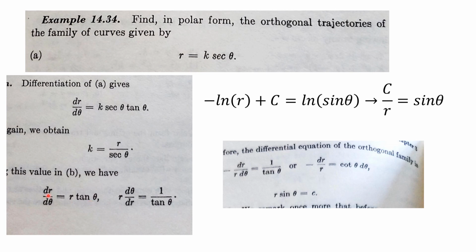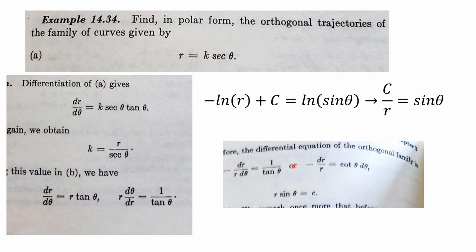Well, d theta/dr is 1 over dr/d theta, so we get 1 over tangent, and when we multiply by the r, this r will cancel, so this expression is 1 over tangent of theta. So now, the differential equation of the orthogonal family is, instead of having r d theta/dr, this is minus dr over r d theta. So this is the differential equation we're seeking to solve.